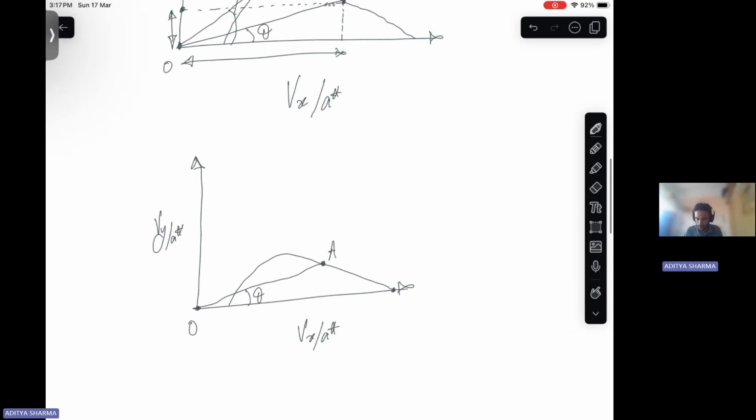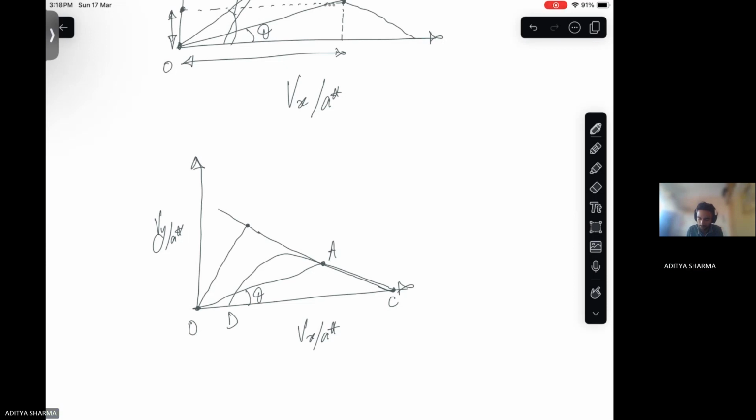What you have to do is, first of all, draw a line from C towards A. Now from this origin O, draw a perpendicular to that.